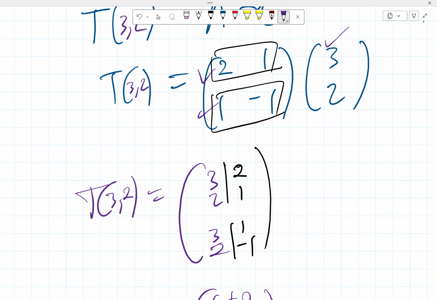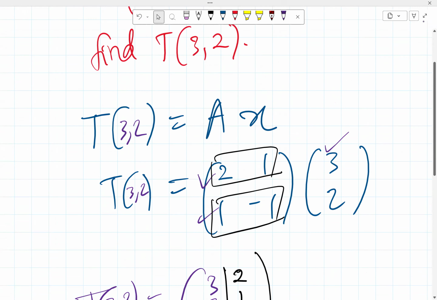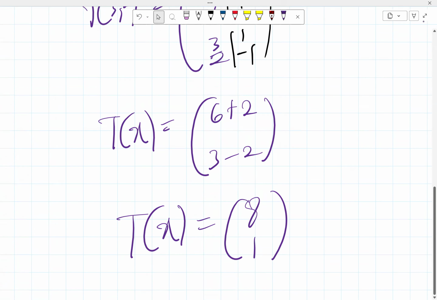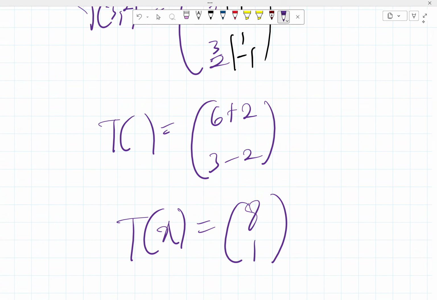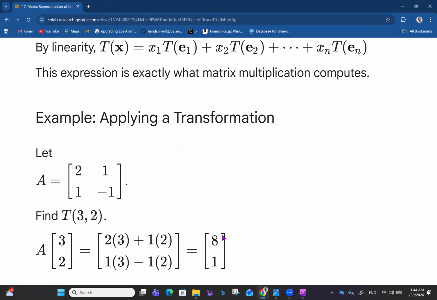But if you see T of X, it's fine because I already said X is 3, 2 up there. So T of 3, comma 2 ends up being 8, comma 1, and that's exactly what you have here because A is multiplying 3, 2.